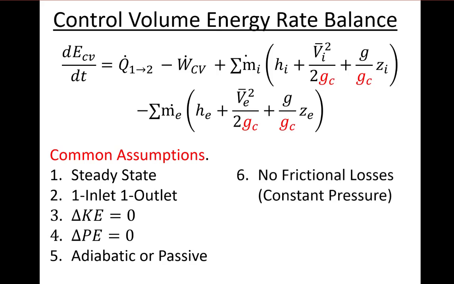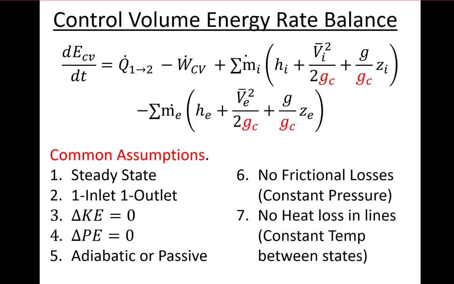Now, when we talk about something like a Rankine cycle, we'll typically neglect anything that's going on in the lines in between the different components, and we'll also neglect the frictional losses as we're moving through, say, the boiler or the condenser. So what that means when we say neglect friction losses is that the pressure is not changing just because the fluid is moving through a line.